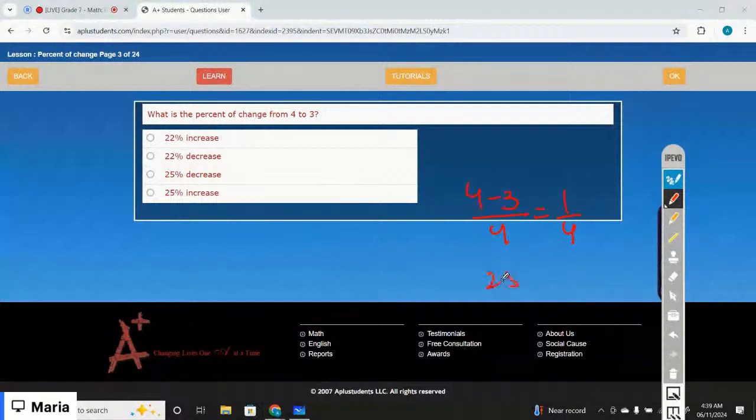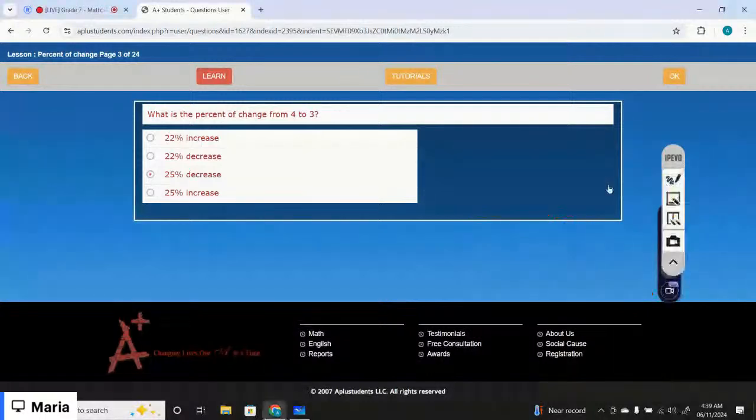That is 25% decrease. The correct option is 25% decrease. That is option number 3 is the correct option.